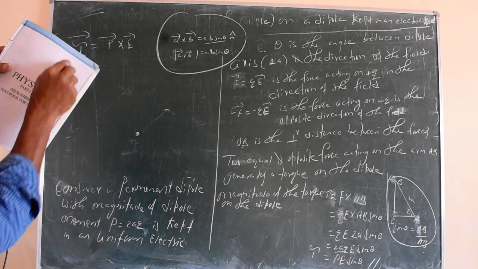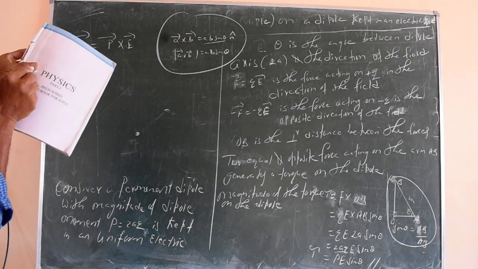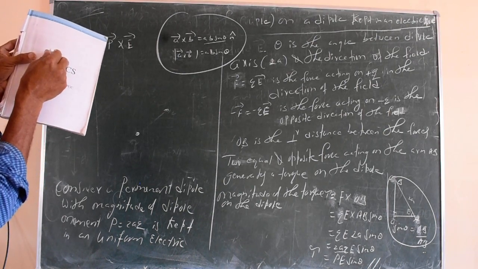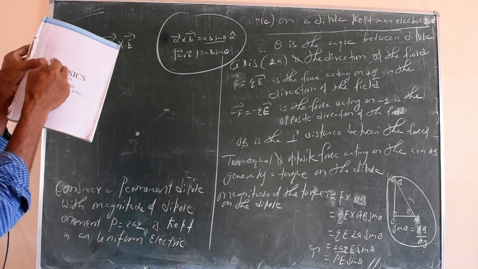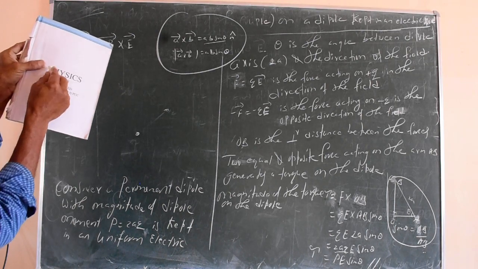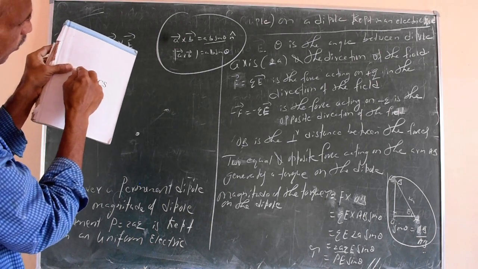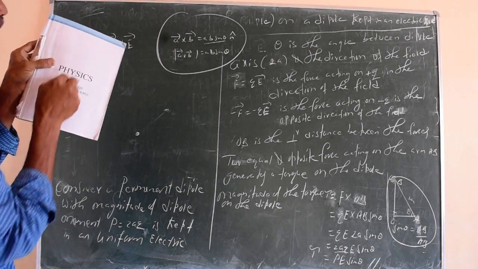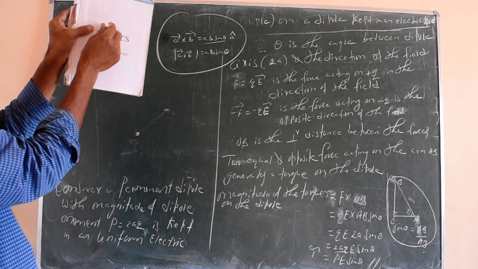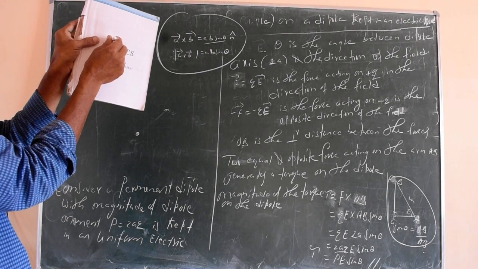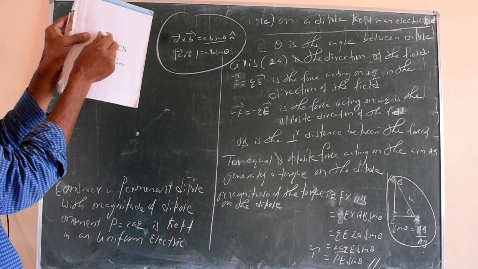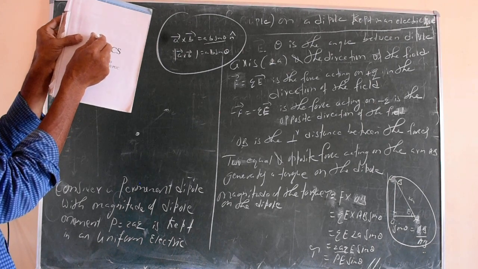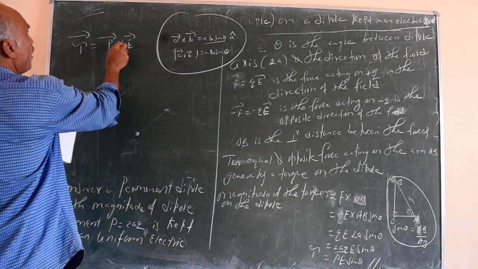Here the force F bar on plus q is in this direction, and minus F bar is in this direction. Both p bar, from minus q to plus q, and E bar lie in this plane. You know that A bar cross B bar is a vector perpendicular to both A bar and B bar. Therefore, the torque tau bar is perpendicular to the plane containing p bar and E bar.